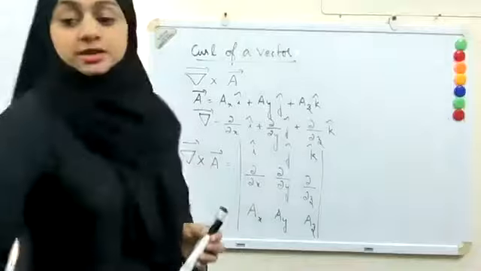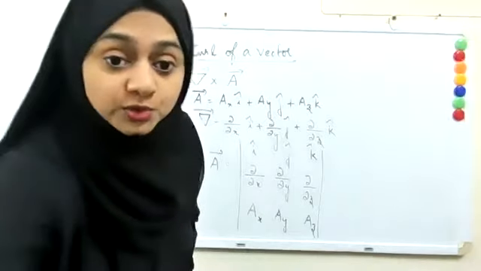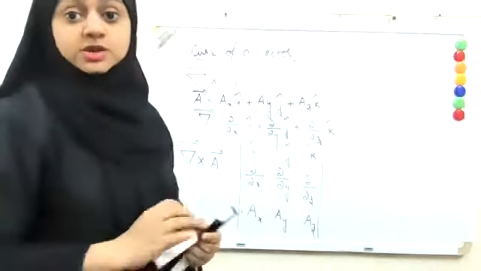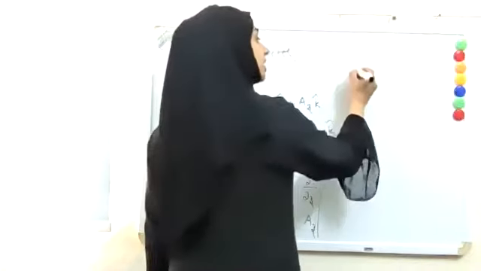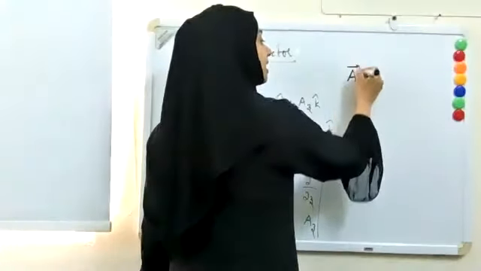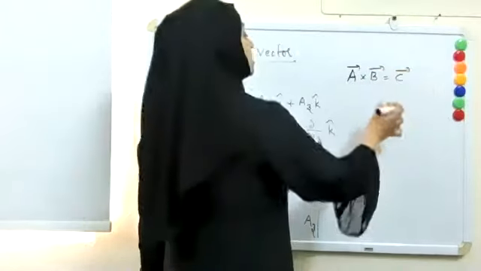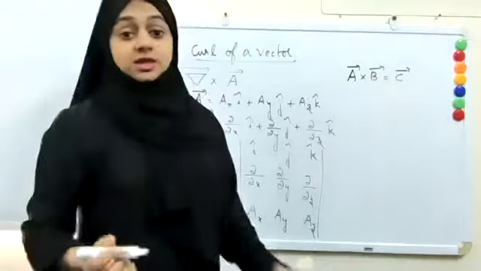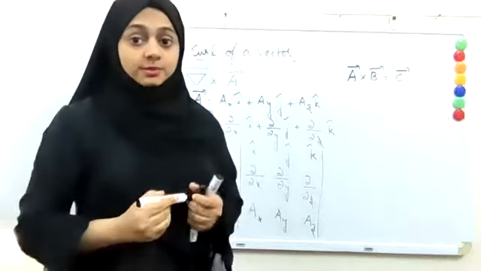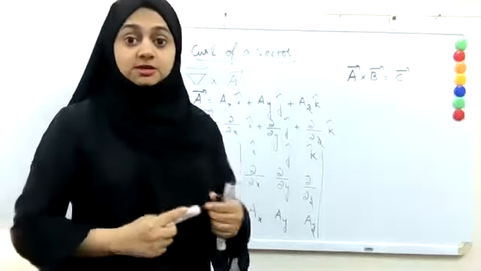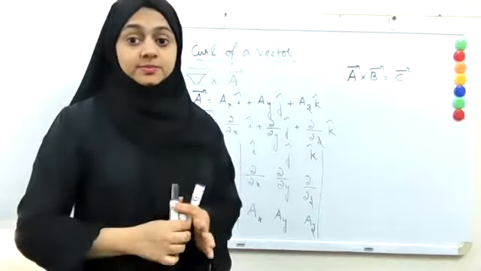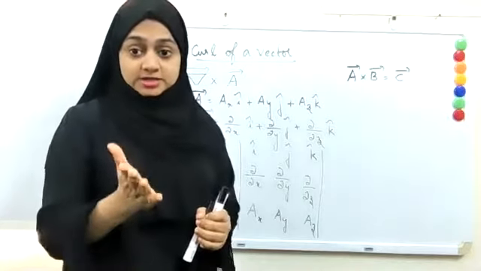Now, what will be the direction of the curl of a vector? When we take the cross product of two vectors, what will be the direction of the result? Suppose you have a vector A and a vector B. A cross B is equal to C. Now, what will be the direction of C? Remember how to find the direction of C? You have to take your right hand.